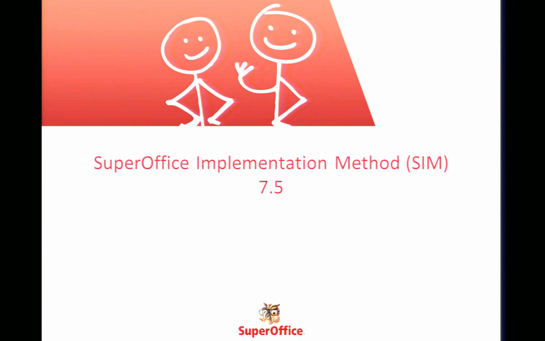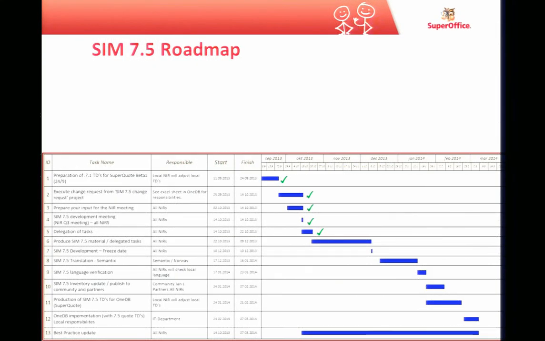We had some clear goals when it came to developing Theme 7.5. Of course, the main thing is to support all the new functionality, with quotes and everything. So make sure that the workshops we have will also map all the functions and needs for quote functionality.